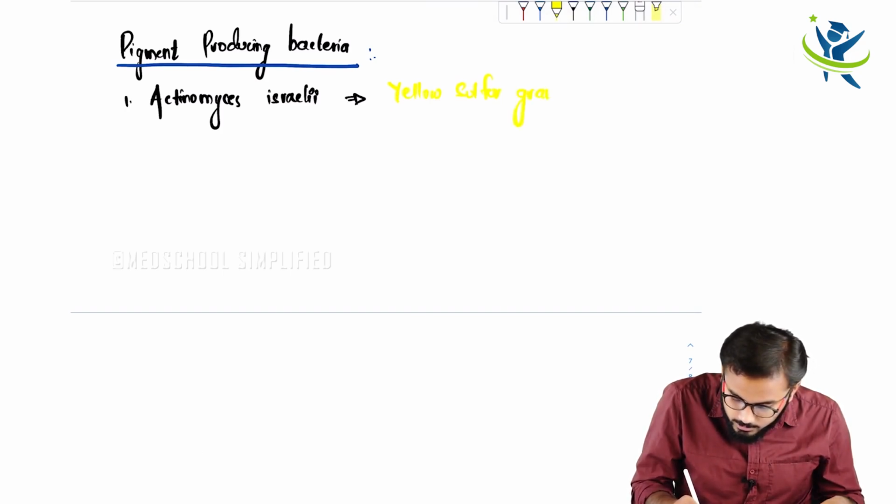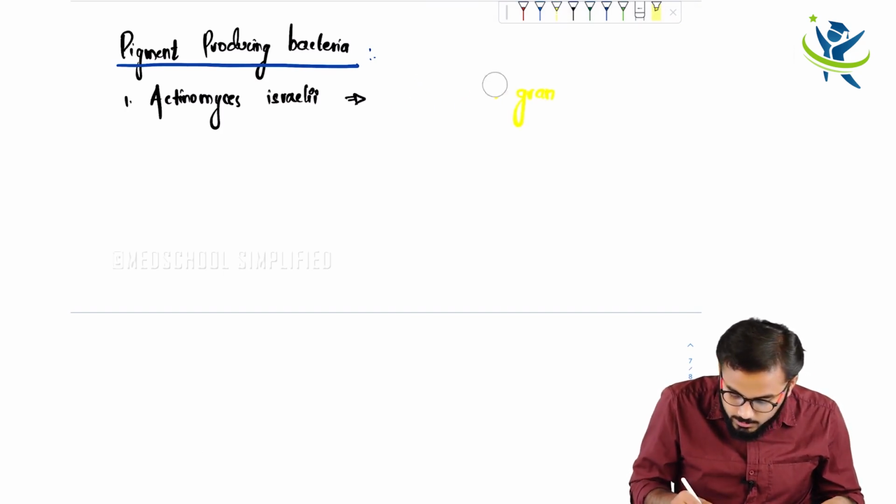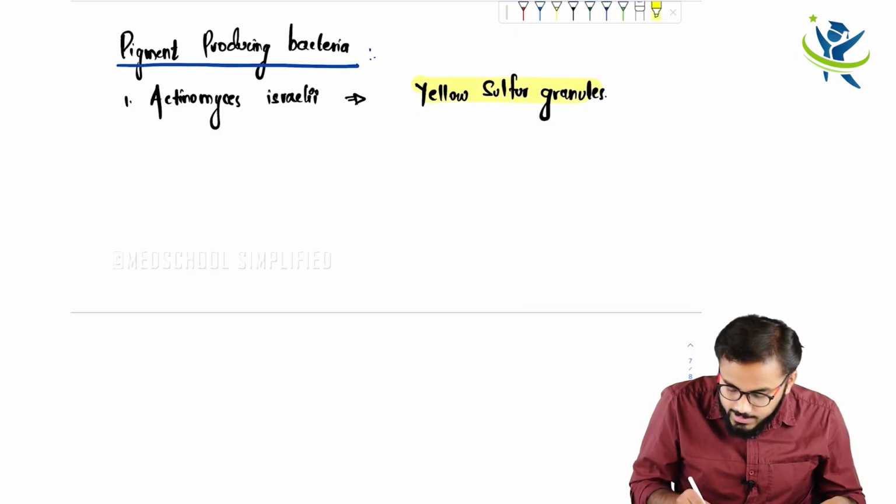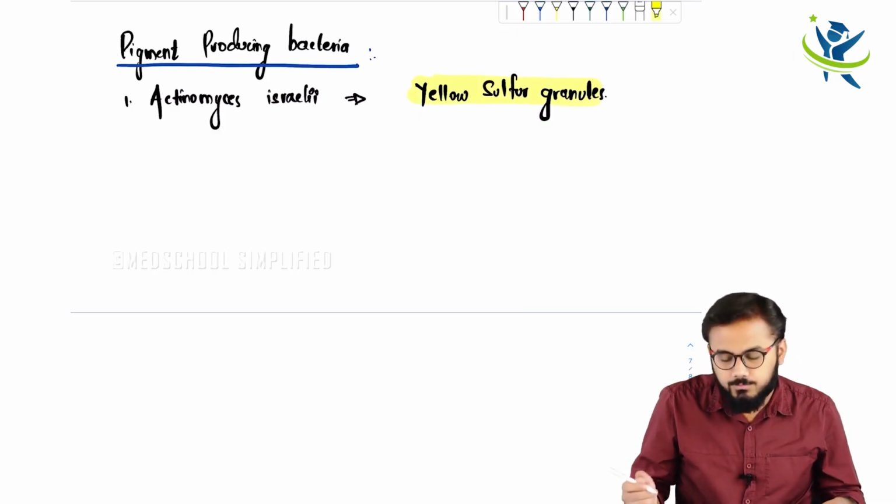That pigment is called yellow sulfur granules. So let me write it, I think it's not obvious. Yellow sulfur granules. So the pigment which it releases is yellow sulfur granules.